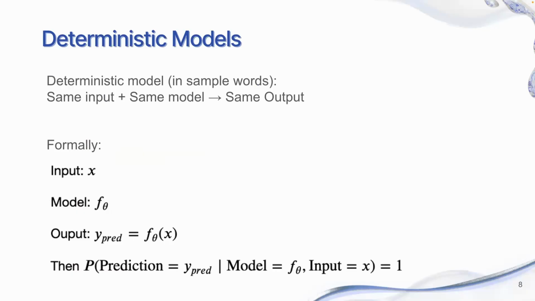Mathematically, if you have an input X and your model f of theta, your output is Y pred, which equals f of theta of X. You pass the input to the model and you get an output, and the probability of your prediction being Y pred is always 1. So you're always 100% sure that your prediction is going to be the same. Does that make sense? That's a deterministic model.